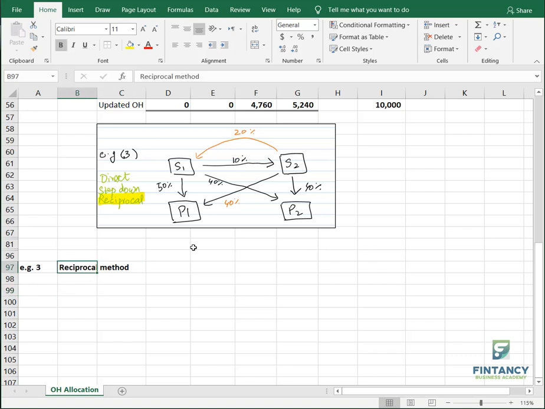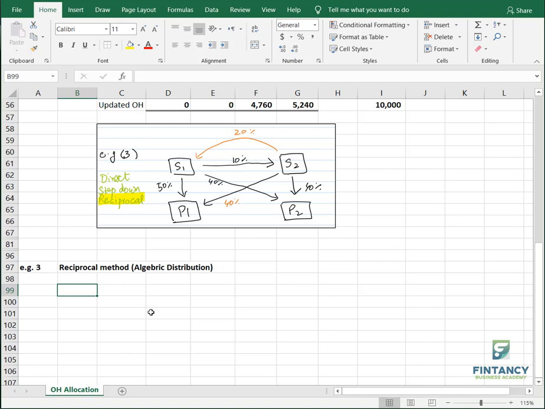It is also called algebraic distribution method. Okay. But examiner will not use this word. He will use reciprocal method. Okay. Now, my friends, let's start.